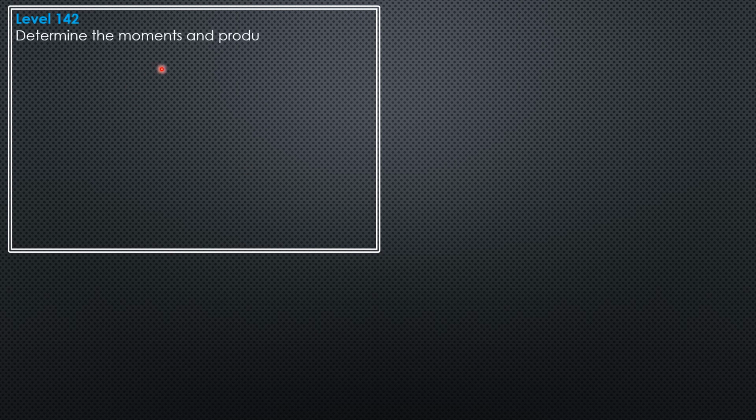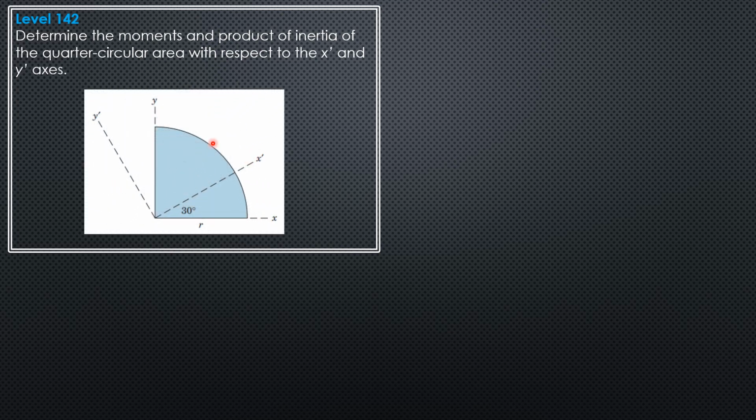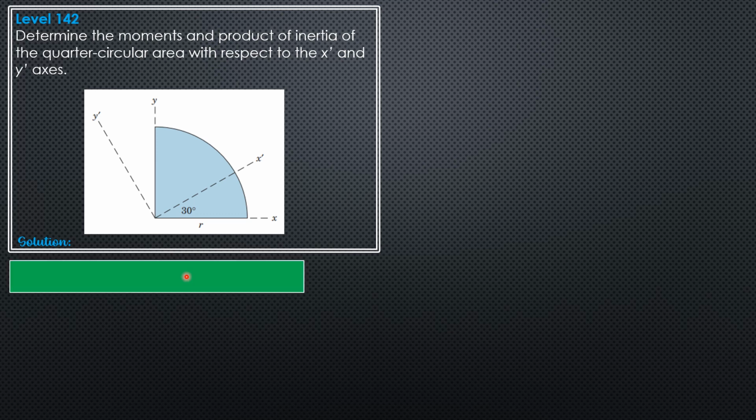Level 142, determine the moments and product of inertia of the quarter circular area with respect to the x prime and y prime axis. So x prime, y prime axis are treated as u and v axis. Rotation is 30 degrees counterclockwise, so that's positive. For our solution, formula first: I sub u or I sub x prime equals 1 half of quantity Ix plus Iy plus 1 half of quantity Ix minus Iy cosine of 2 theta, then minus product of inertia Pxy sine of 2 theta.